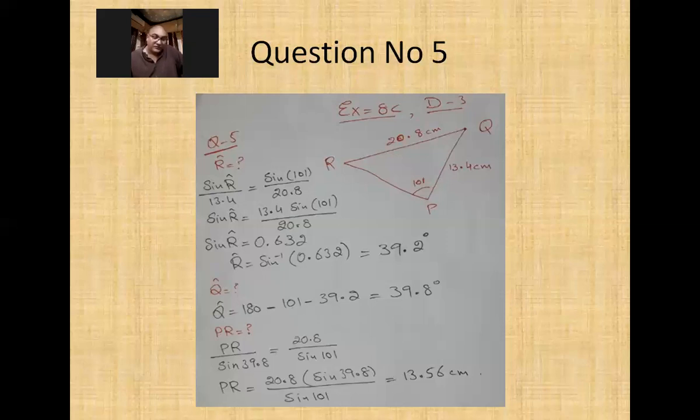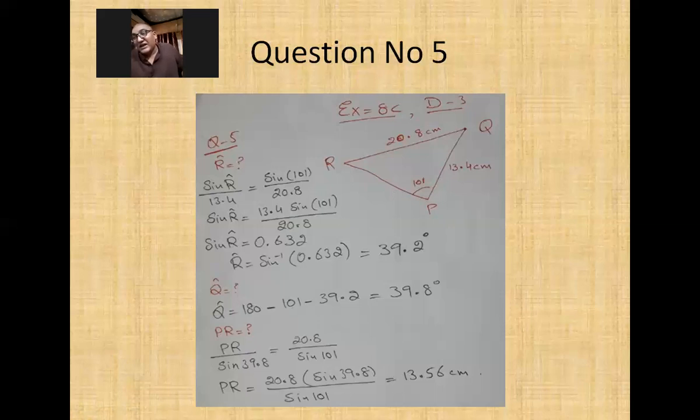Okay. Now, the question is to find the value of PR also. So PR divided by sine 39.8 equals 20.8 divided by sine 101.